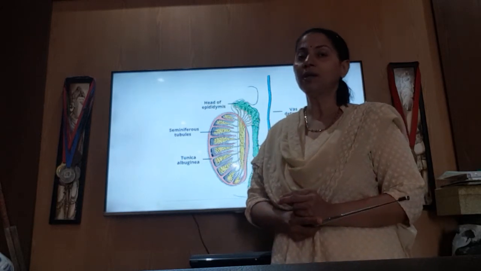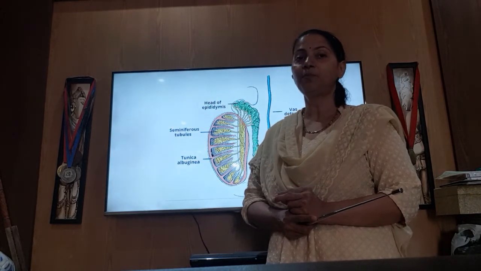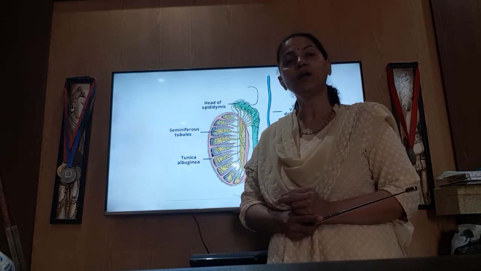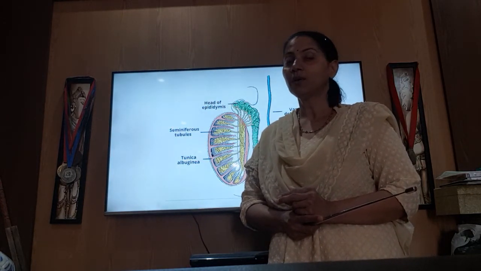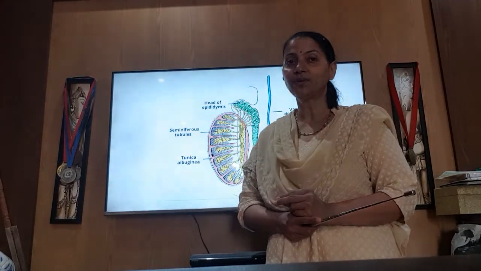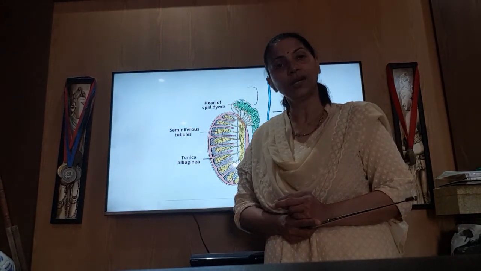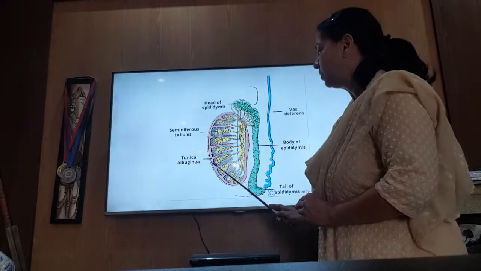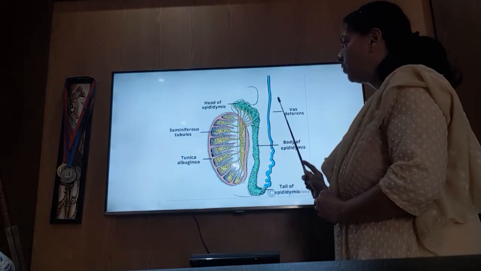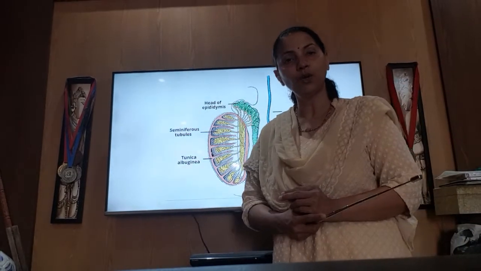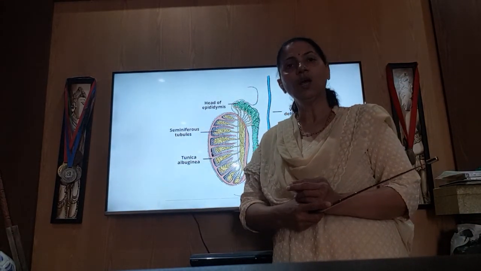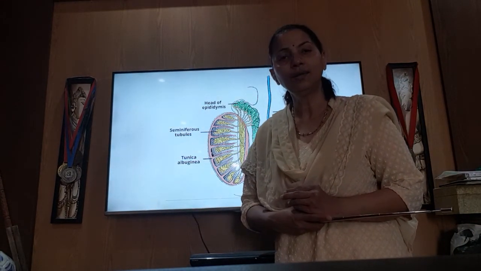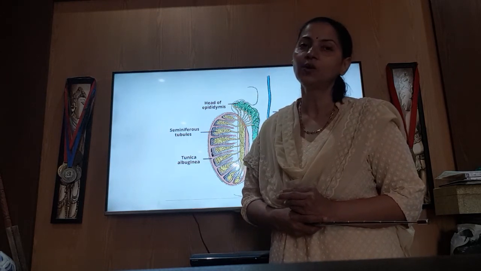So how will the lymphatics reach the pre-aortic and para-aortic lymph nodes? Because those lymph nodes are present inside the peritoneal cavity. So the lymphatics from these structures which have to reach the pre-aortic and para-aortic lymph nodes are also contents of spermatic cord.